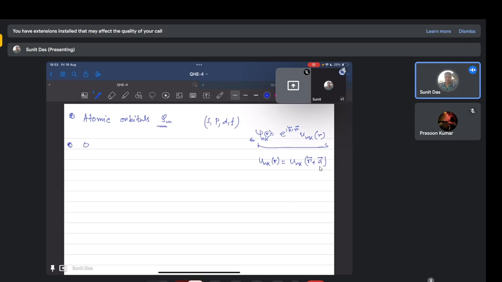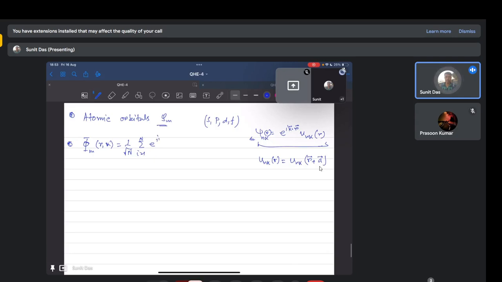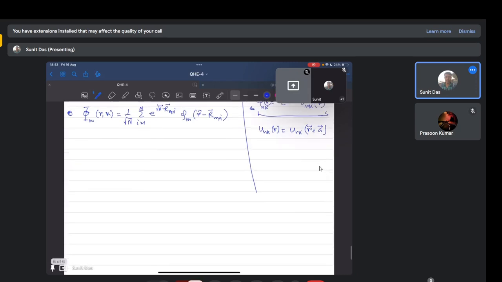I'll write the Bloch state as phi m of r, k, which is 1 by root over N, sum over I equal to 1 to N, e to the power i k dot r m I, phi m of r minus r m I. I'll explain what these terms mean.